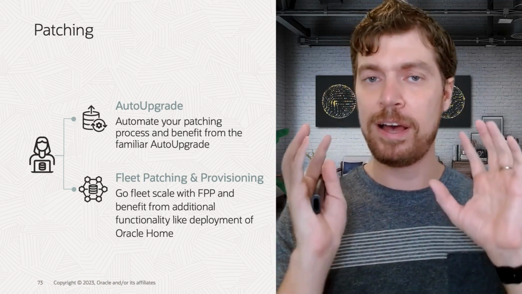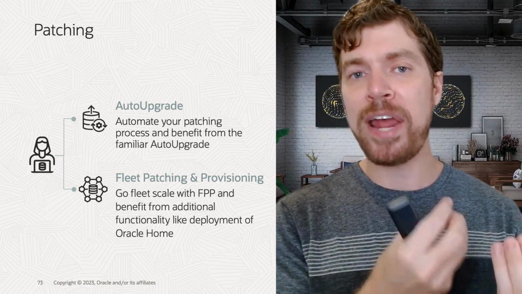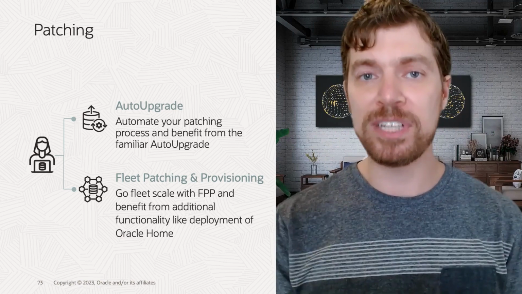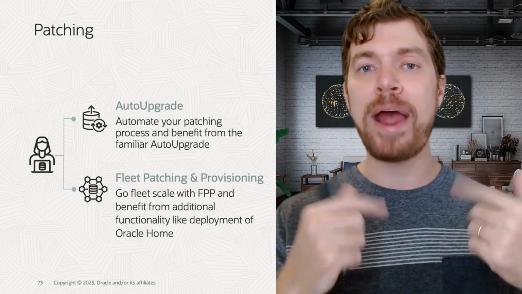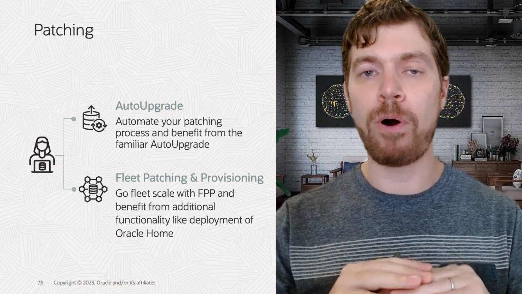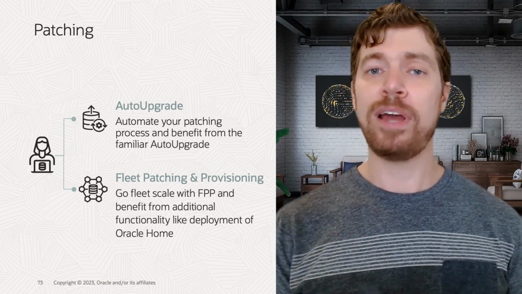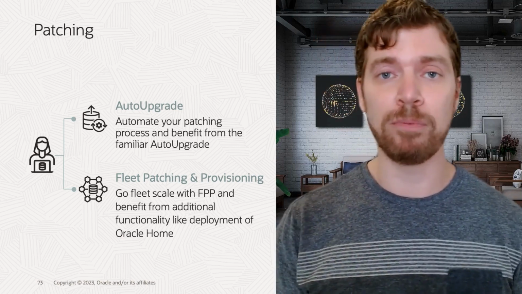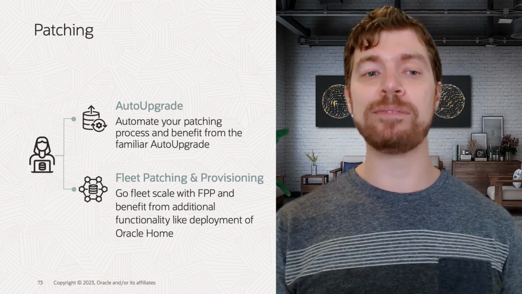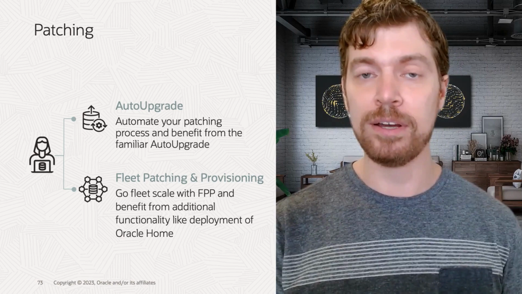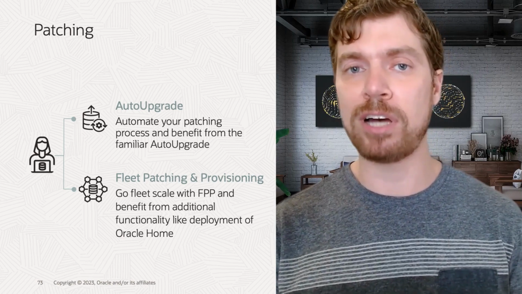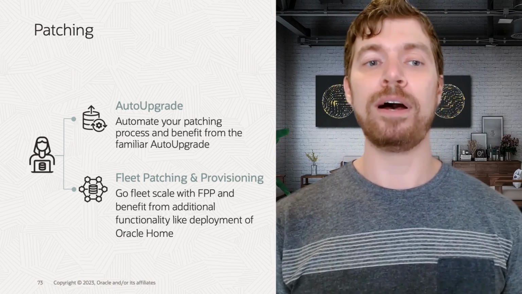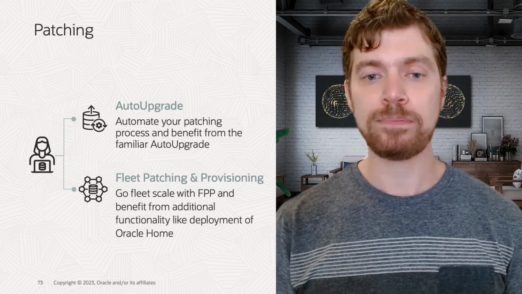You have a different application, and then you will have agents under your database servers that will be connected with this server, and then you can perform actions from this server and control all your data center, okay? And also Fleet Patching and Provisioning will automatically provision and download the patches for you, provision the new homes. So it has much more automation there, but it's a corporate solution. It's not a very small, simple tool like we have in AutoUpgrade for the patching capability.